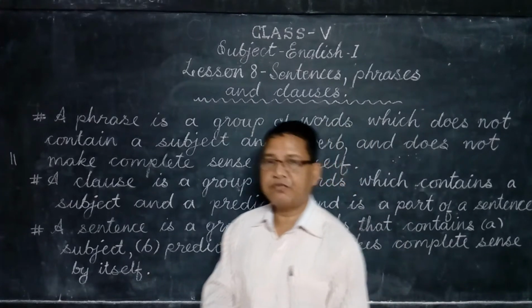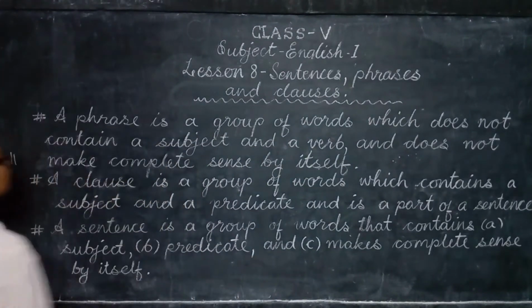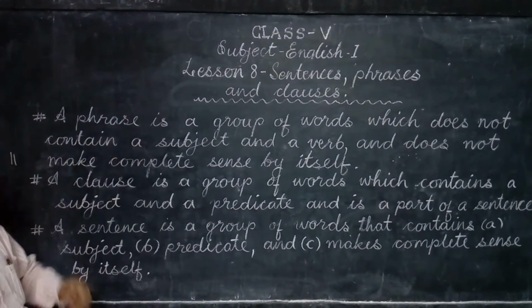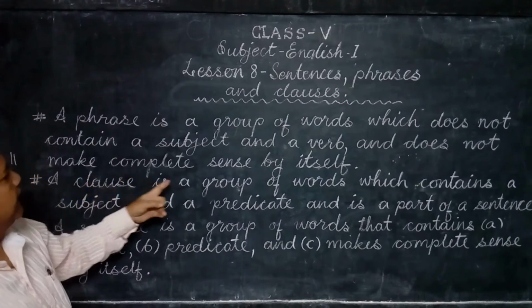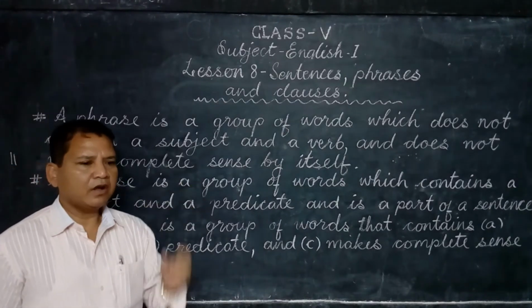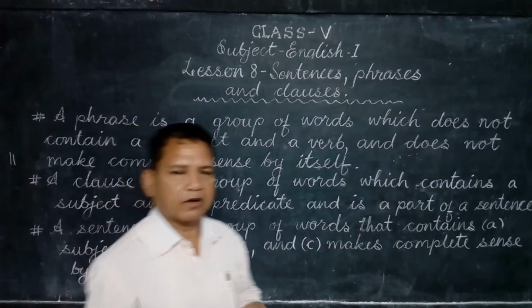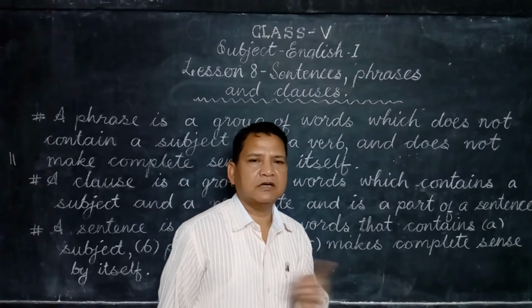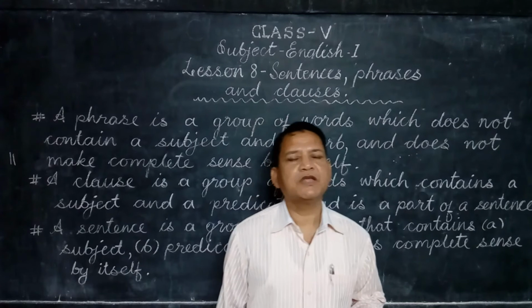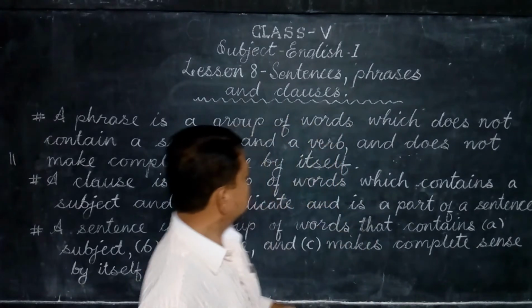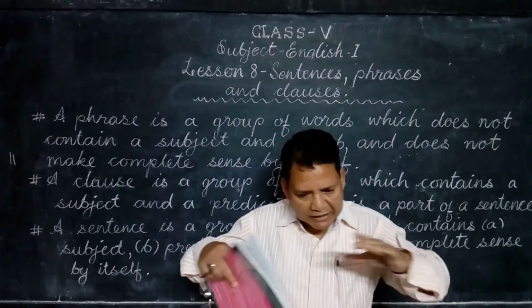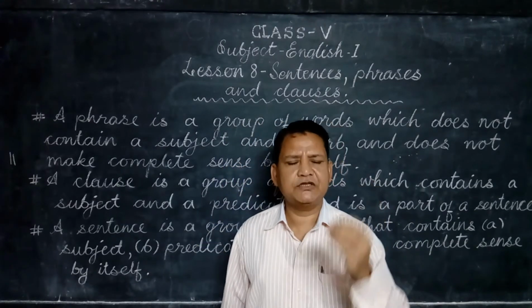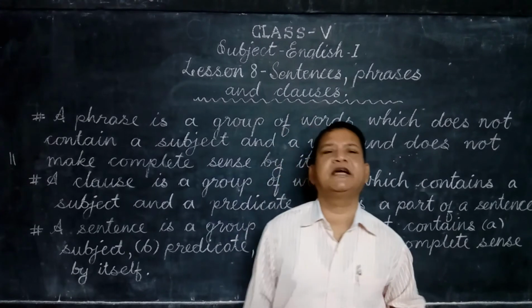Now we'll learn about phrase. What is a phrase? A phrase is a group of words which does not contain a subject and a verb and does not make complete sense by itself. Very important part. It means a phrase will not give you a complete idea.